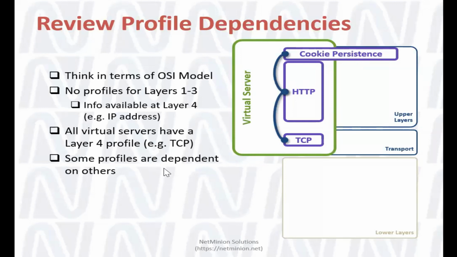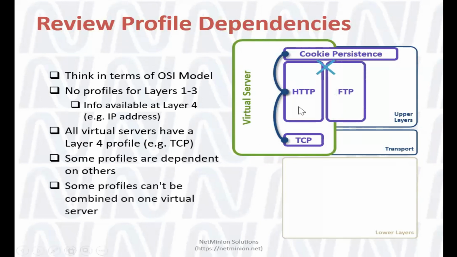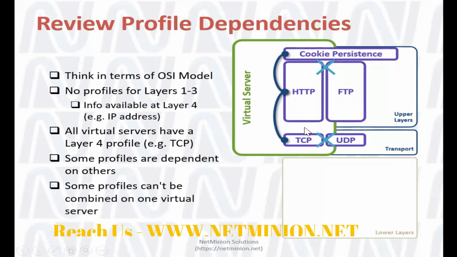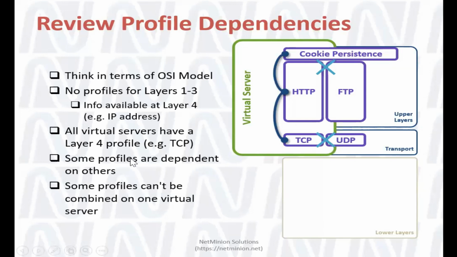Similarly, some profiles cannot coexist. If you are using HTTP, you cannot put FTP, either HTTP or FTP. If you are using TCP, you cannot put UDP, because both workings are separate. So this is known as profile dependency.